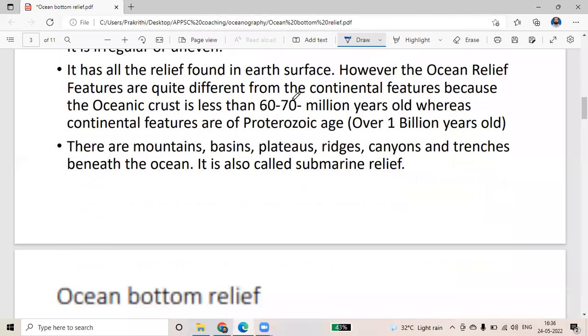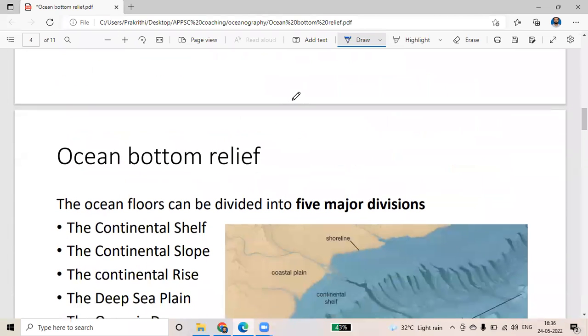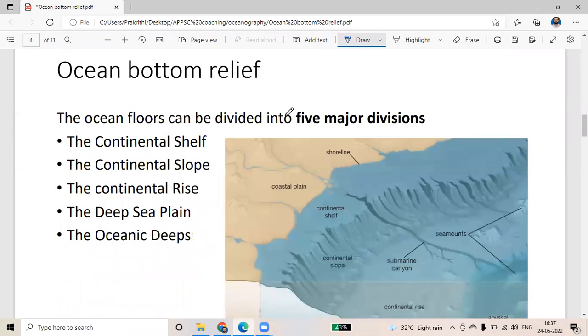So what are the major landforms of the ocean? Ocean में क्या क्या relief होगा? So there are mainly 4 major divisions, but along with these we can add many. If we add the continental rise also, we can say the ocean floors can be divided into 5 major divisions.